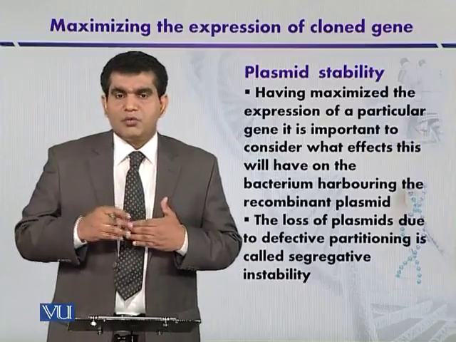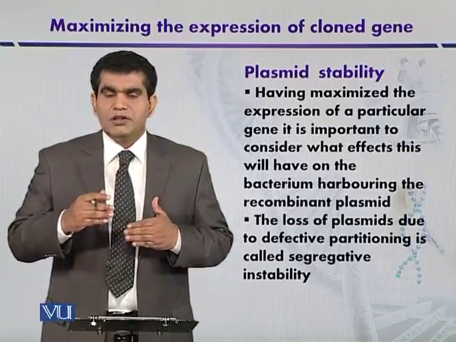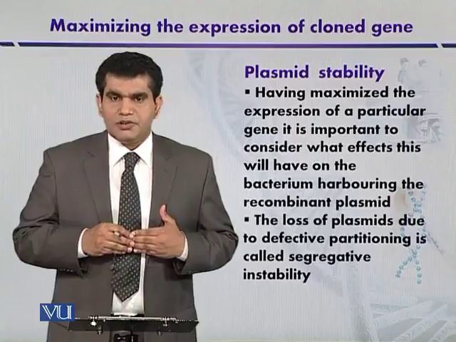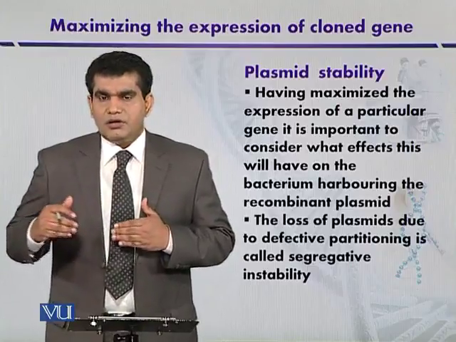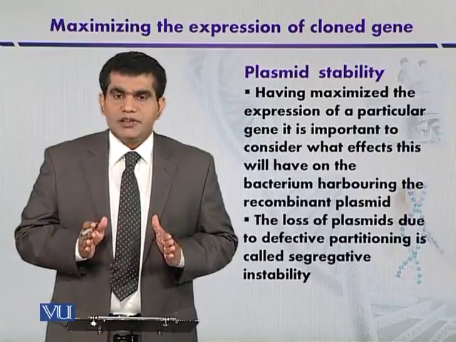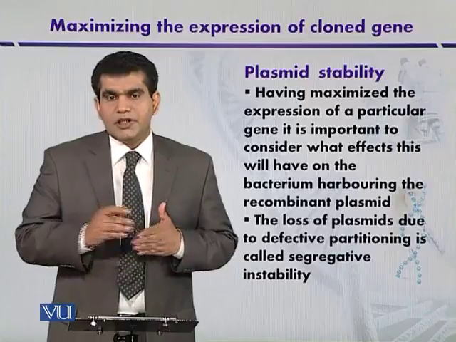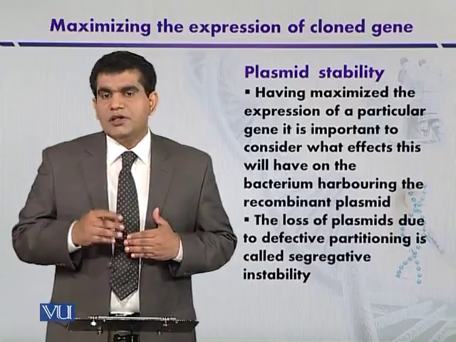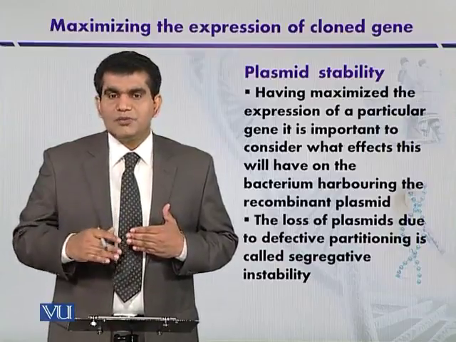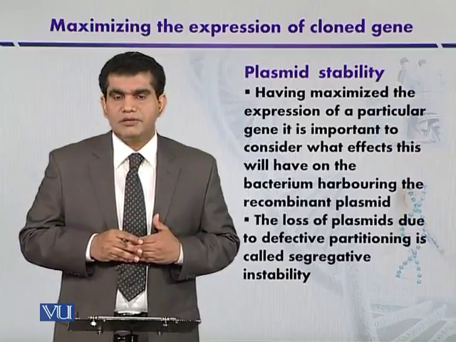So it is not so problematic, because if unequal distribution occurs, at least the daughter cells will contain a certain level of plasmid. Some may be high, some may be low. But it becomes problematic if one daughter cell contains all the segregated plasmids and another lacks the plasmids. But it is a very rare event where the plasmids are present in high copy number, as in the case of pBR322.